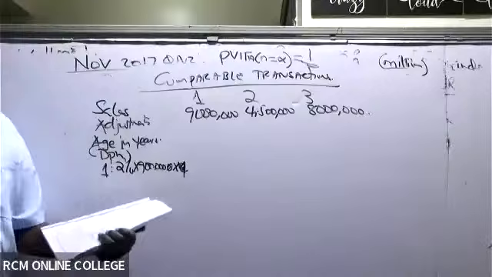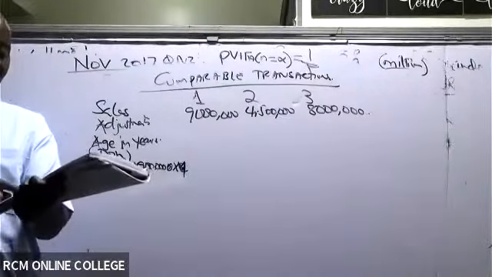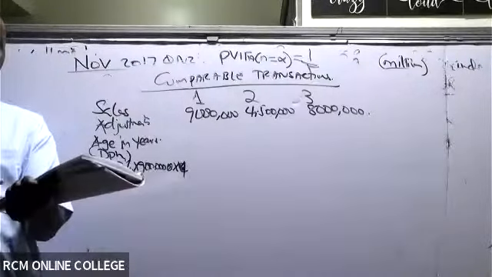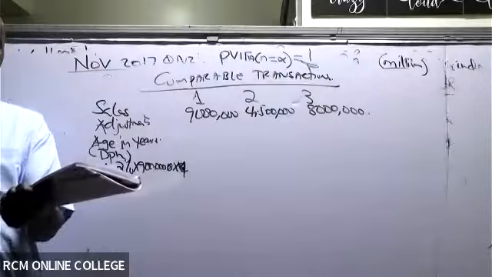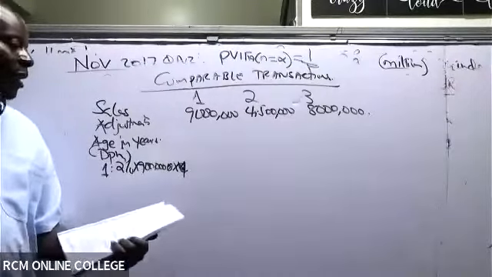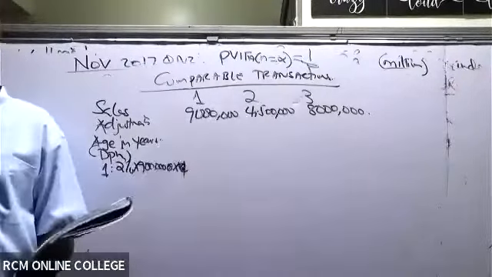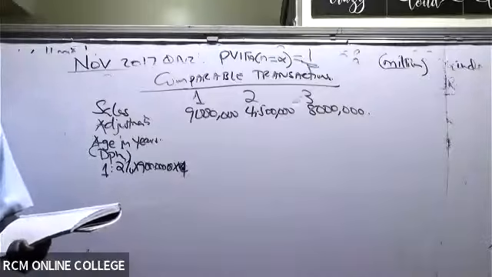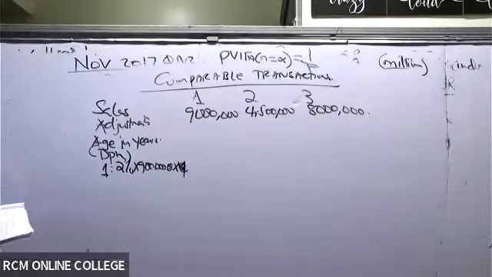So you take 2% per annum. Remember, they told us each adjustment is based on an adjusted sales price of the comparable. So the percentages given there will be pegged on the sales prices. So you take 0.02 times 9 million times 4.